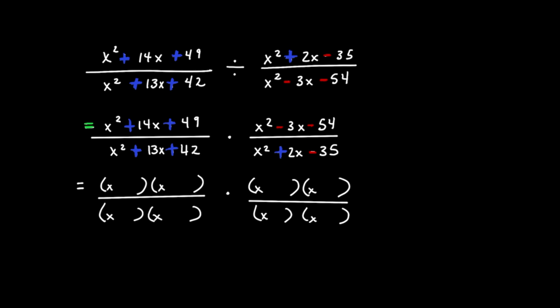Okay. So looking at the top expression, we're going to look at the factors of 49, and we have 7 and 7, 49 and 1. I think 7 and 7 will do it, because when you combine 7 and 7, you end up with 14. And they're both positive. So that makes our lives very easy.